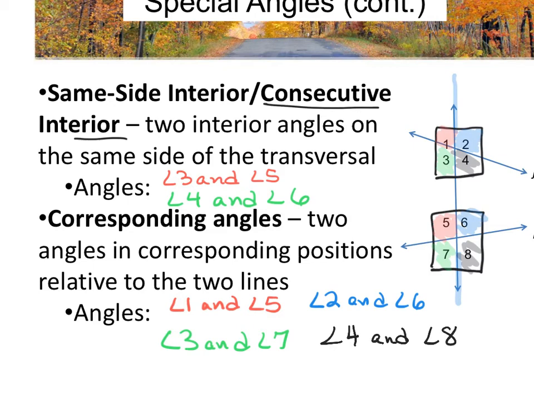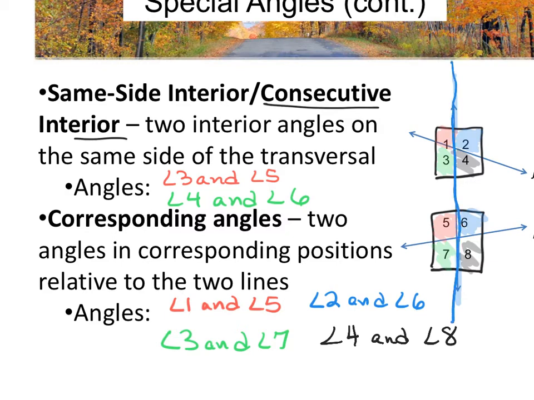Now, another way you can understand corresponding angles is they're on the same side of the transversal, but one is an interior angle and one's an exterior angle. So in relation to the red ones, my blue line here is the transversal.